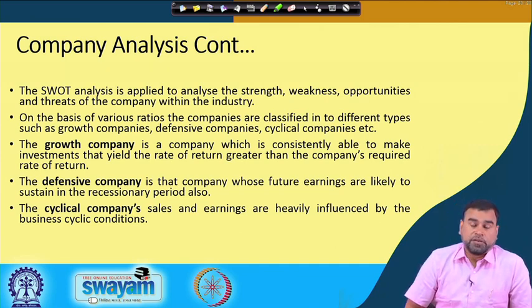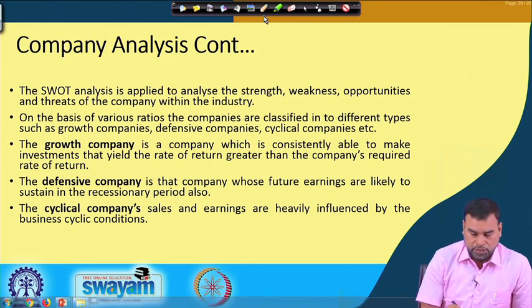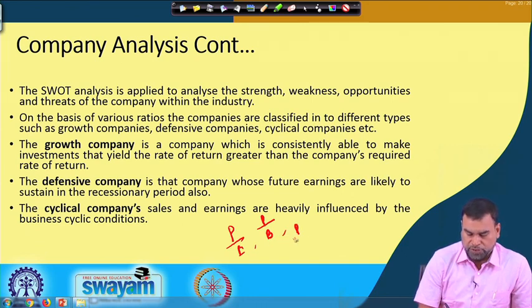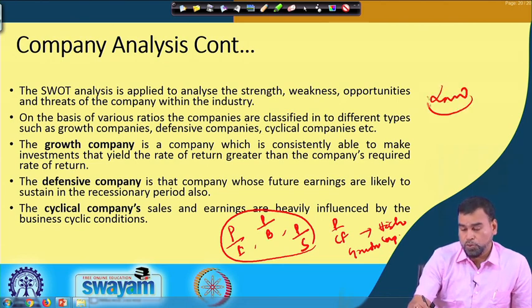And another type of company is the value company. I can give you a link for this. Those companies whose price to earning ratio, price to book ratio, price to sales ratio, or price to cash flow are high are called growth companies, and those companies for which these ratios are low are called value companies.